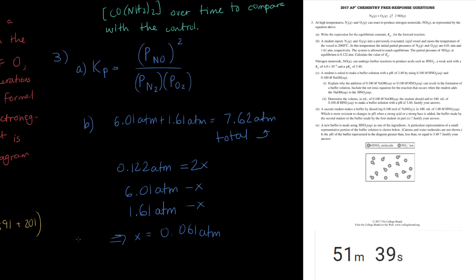Assuming my calculations are correct, the Kp value is going to equal 0.0016, with 3 sig figs, I guess.